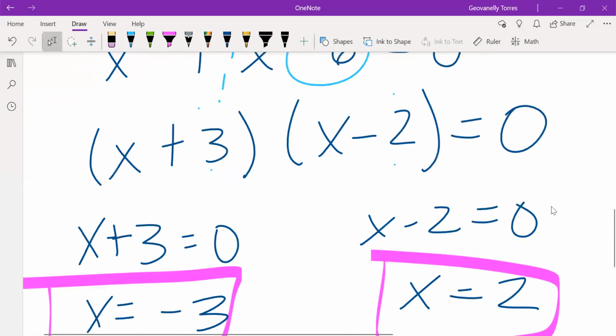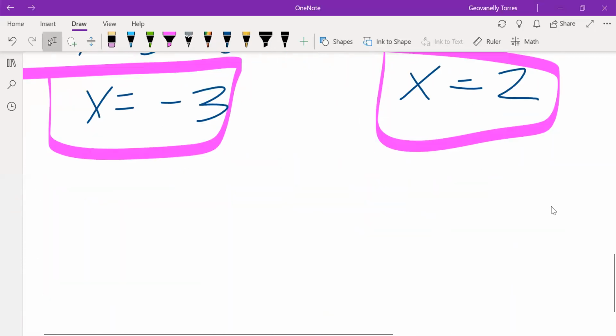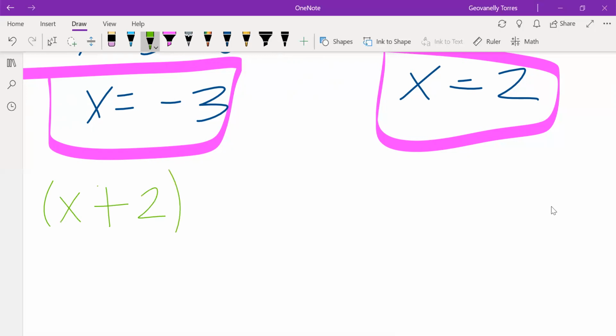So first we will try the negative 3. We have one of the arguments, x plus 2. So if we substitute the value of negative 3 into x, we have negative 3 plus 2.